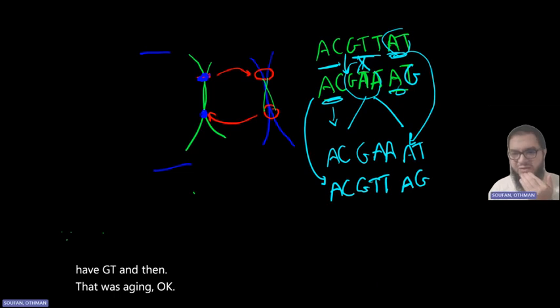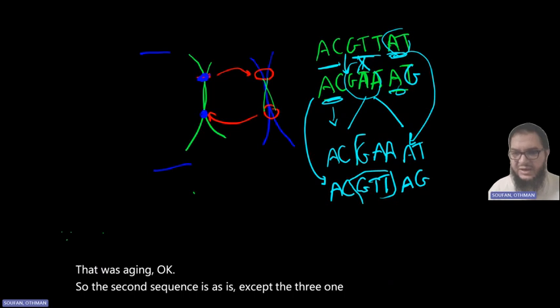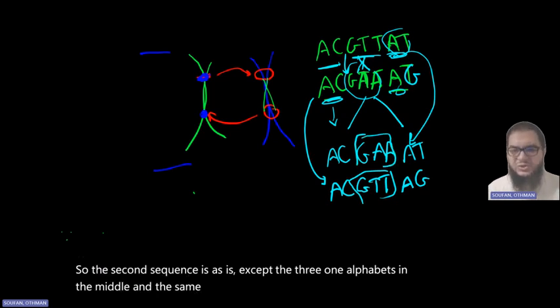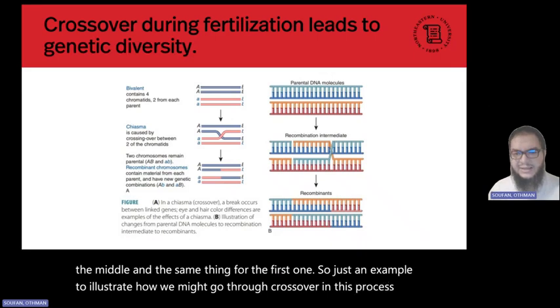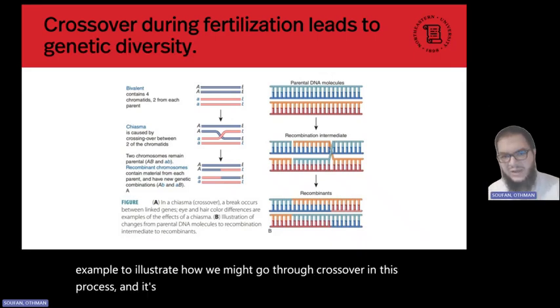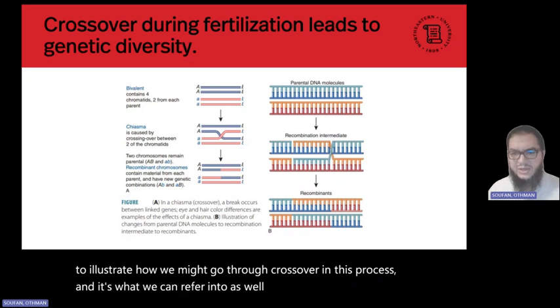So the second sequence is as is, except the 3 alphabets in the middle, and the same thing for the first one. So just an example to illustrate how we might go through crossover in this process, and what we can refer to as recombination.